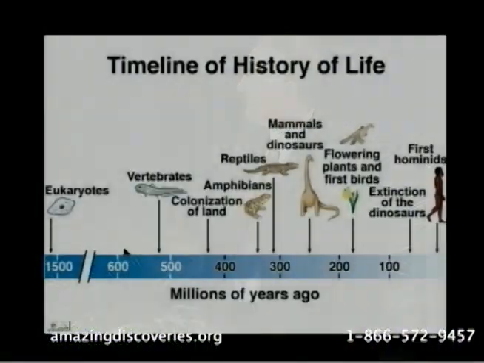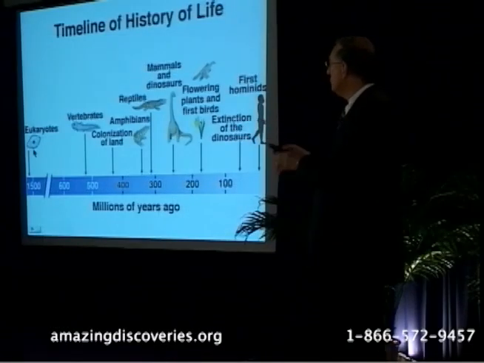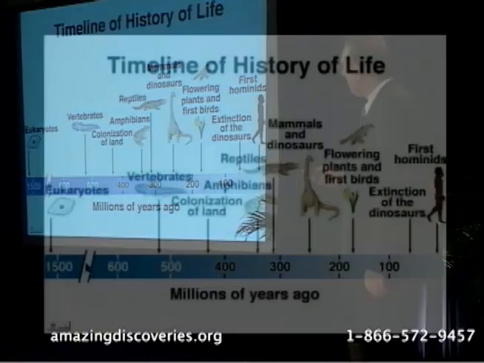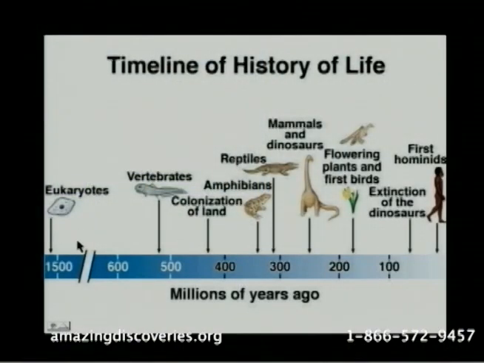Basically, the theory goes that the eukaryotes, the unicellular organisms, from the simpler ones to the ones that have a nucleus like we have, evolved over millions of years.